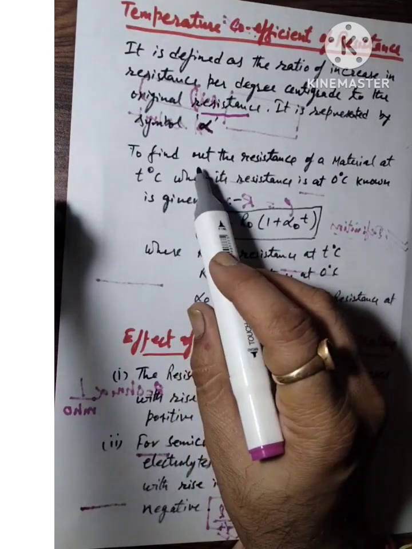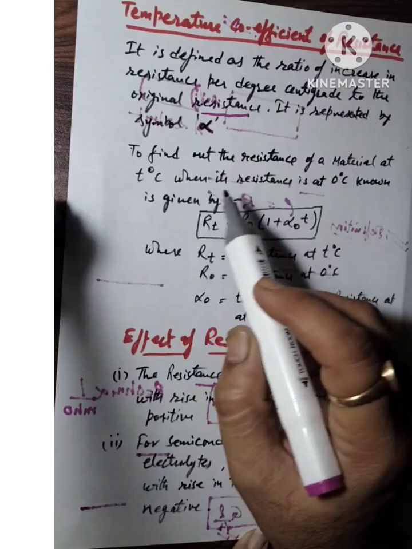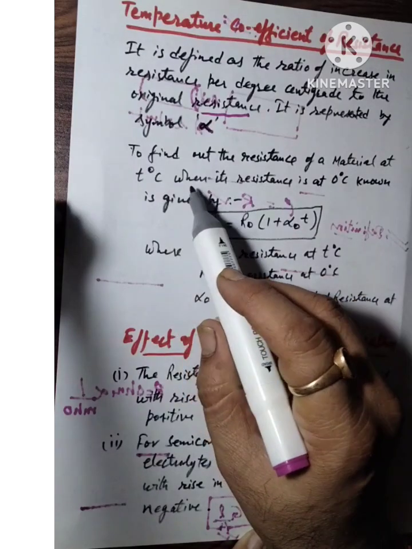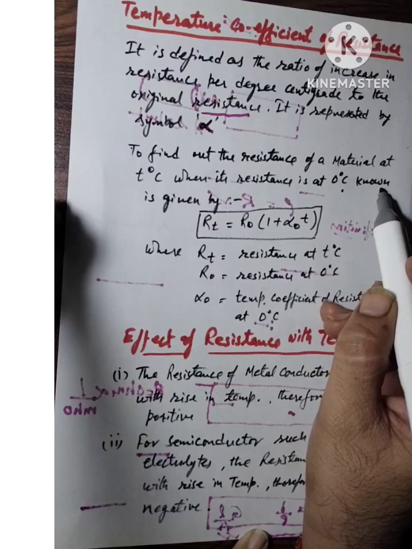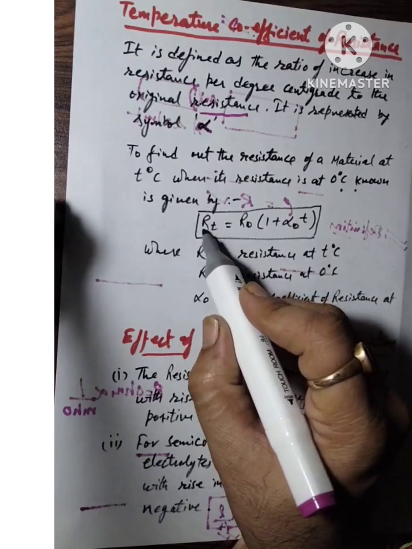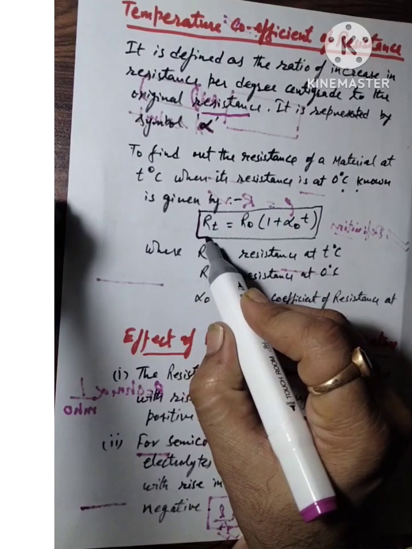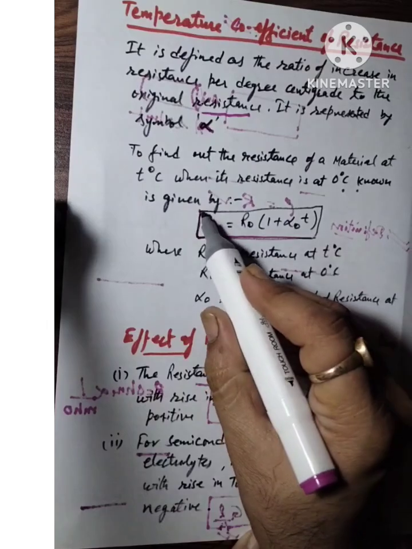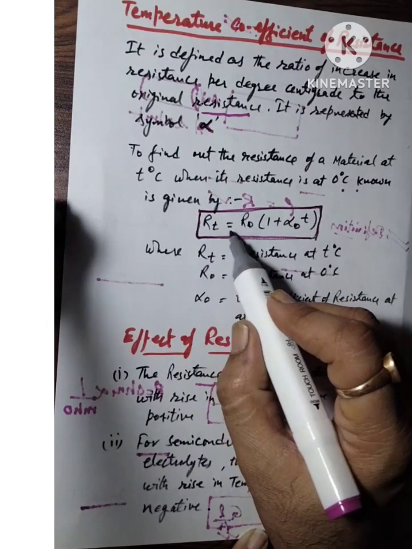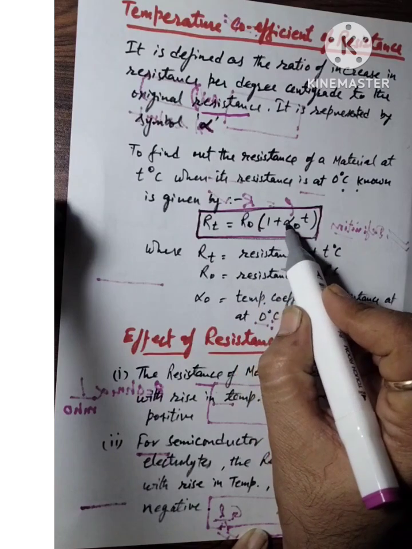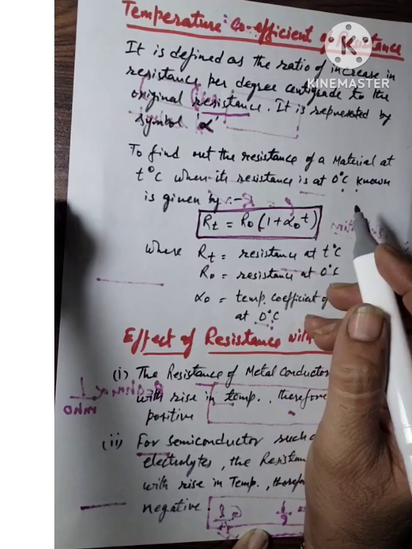To find out the resistance of a material at T degree centigrade when its resistance at 0 degree centigrade is known, it is given by the formula RT is equal to R naught (1 plus alpha naught T).